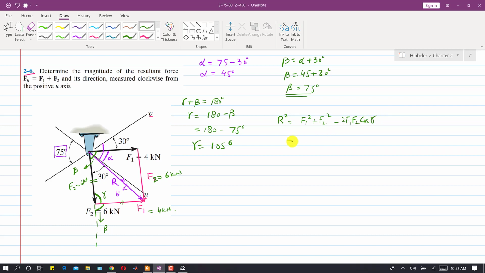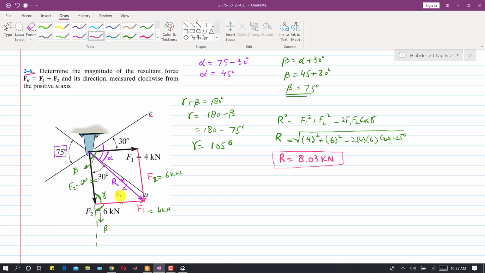So F1 is 4 kilonewton, so I will write 4 square plus 6 square minus 2 into 4 into 6 cos of 105 degrees. If we take the square root as well, this will give us the resultant magnitude. So this magnitude comes out to be 8.03 kilonewton, right? So this is the resultant magnitude.